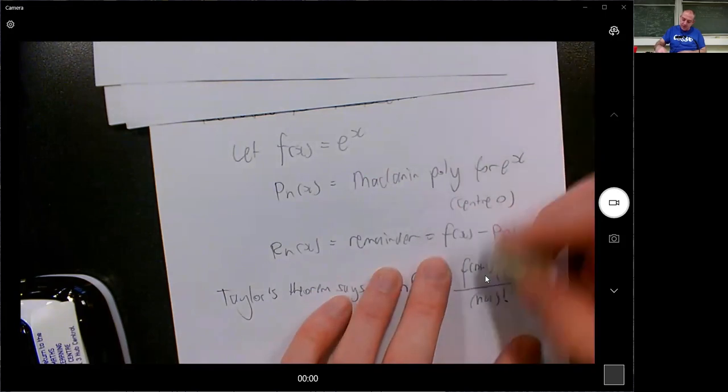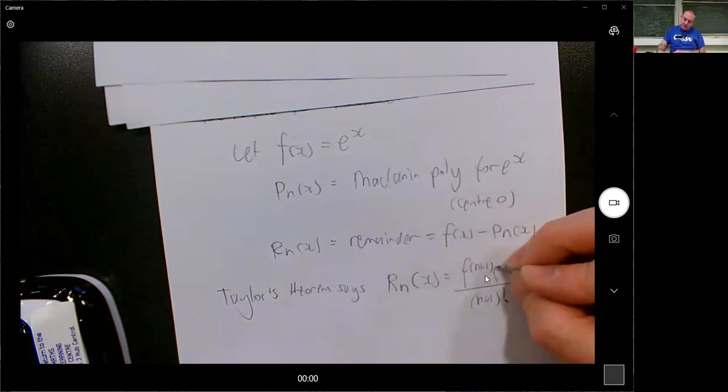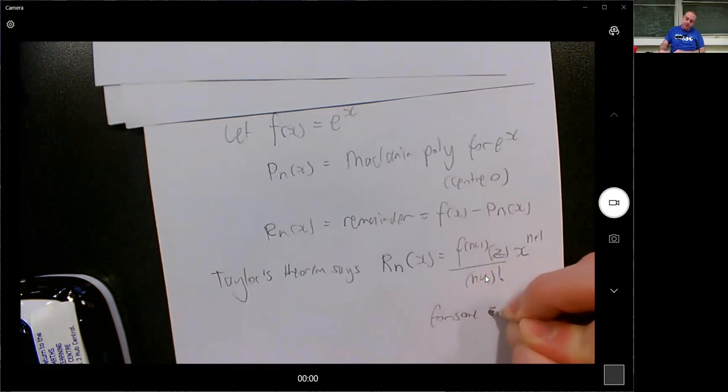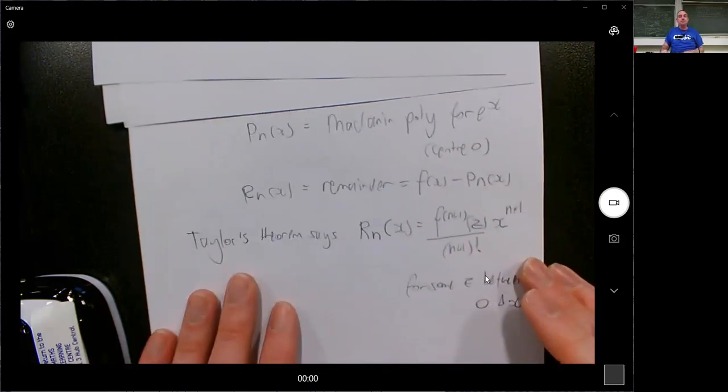For some z between 0 and the x I'm thinking of. That is what Taylor's theorem says.